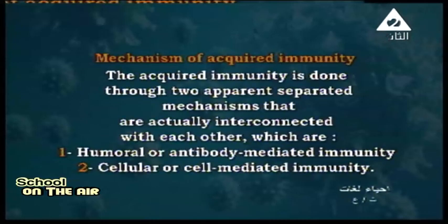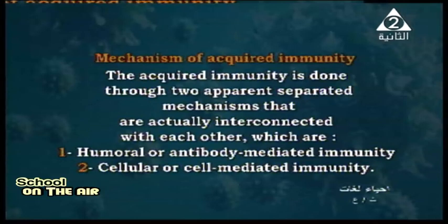What is the mechanism of acquired immunity? Acquired immunity is done through two apparently separate mechanisms, which are actually interconnected with each other. The first is known as humoral or antibody mediated immunity, and the second is known as cellular or cell mediated immunity. So there are two types of acquired immunity.